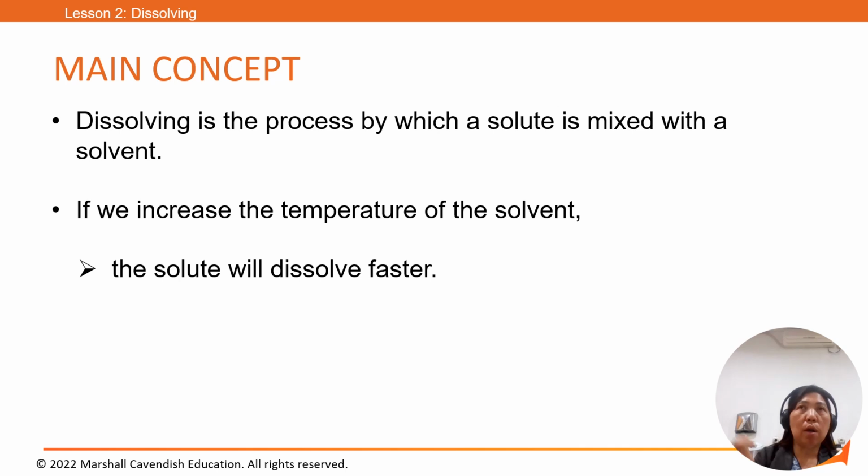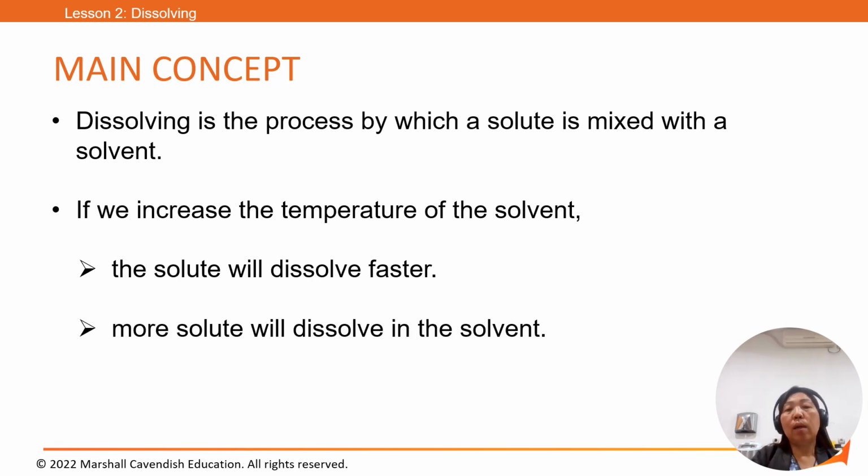If you pour sugar or salt in it and stir it, you will see that the glass with the hot water will dissolve the sugar faster. So we can say that a temperature increase makes it possible for the solute to dissolve faster, and then more solute will dissolve in the solvent.